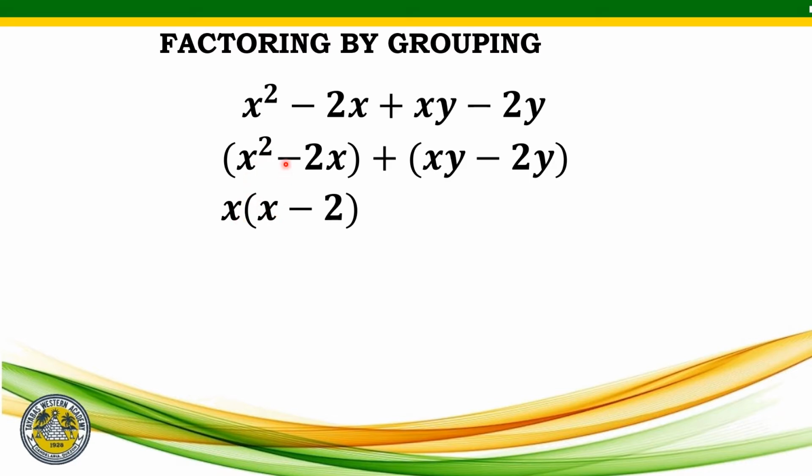So negative 2x divided by 1x is 2. Bakit? Paano nangyari yun? So meron ditong negative 2. Ang nandito ay positive 1. So i-divide natin yung number. Negative 2 divided by 1 is 2. X divided by x is equal to 1.